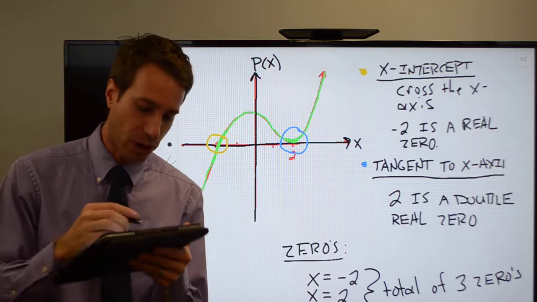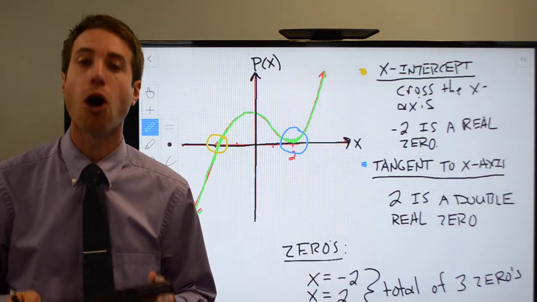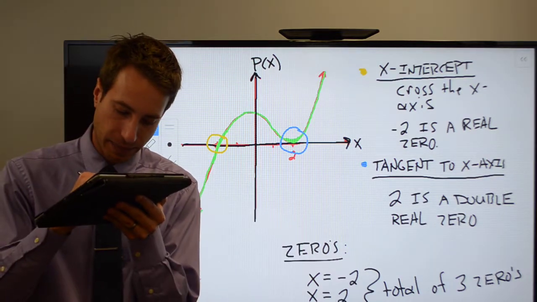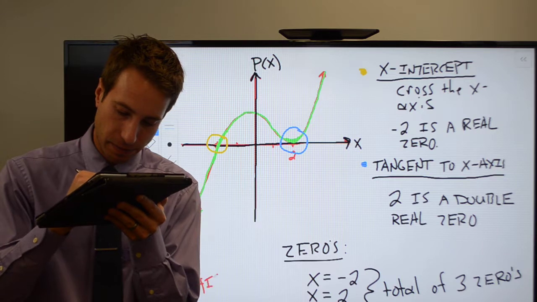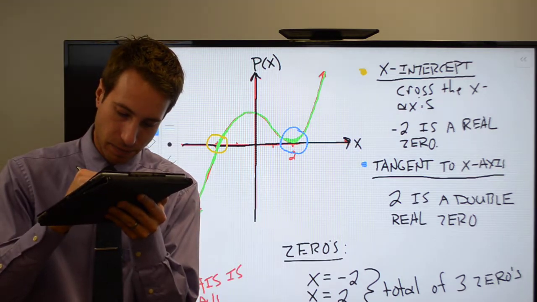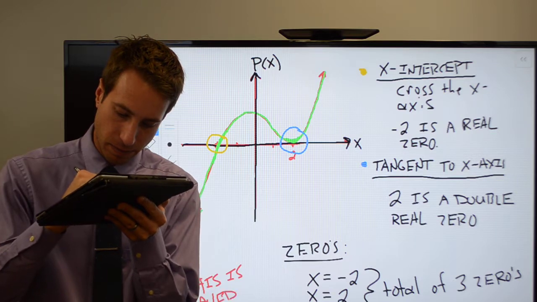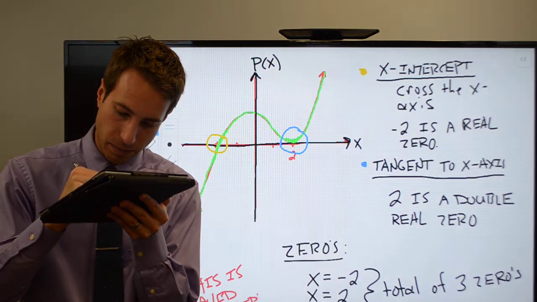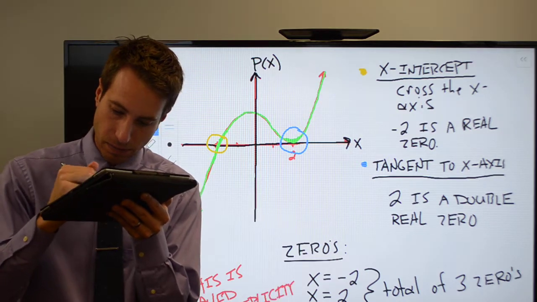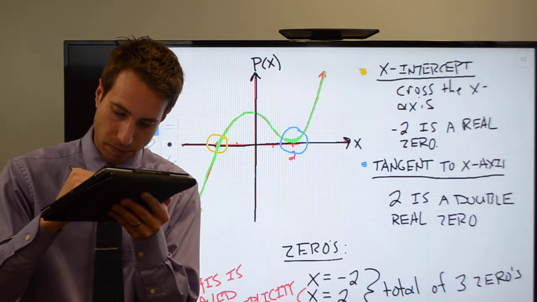In some books, guys, you will see this called multiplicity. That right there.